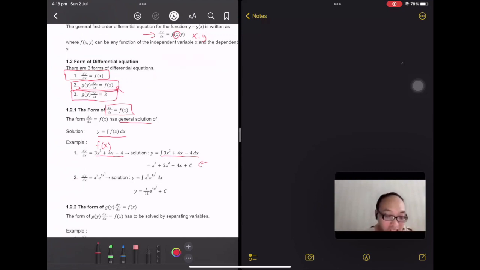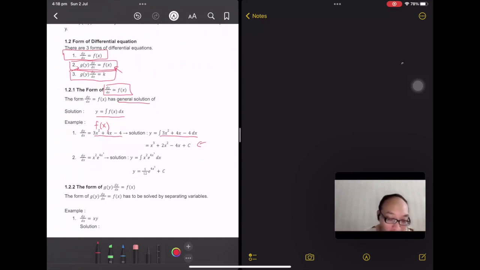The second example, dy/dx equals x squared e to the power of 4x cubed. To find the solution, we need to integrate x squared e to the power of 4x cubed dx. To integrate this, we will use the substitution method.